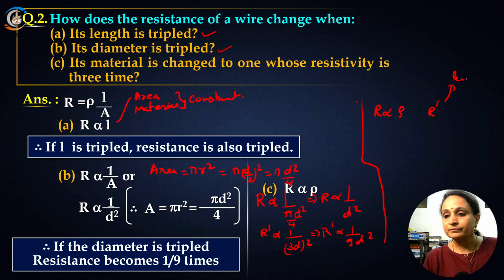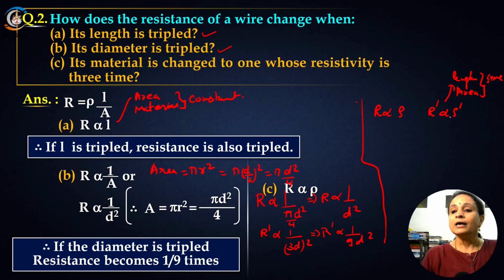That is the length of the wire and area of the wire are kept the same, but only the material is changed, and the new resistance R dash will also be proportional to rho dash, but it is given that rho dash is equal to 3 times rho.